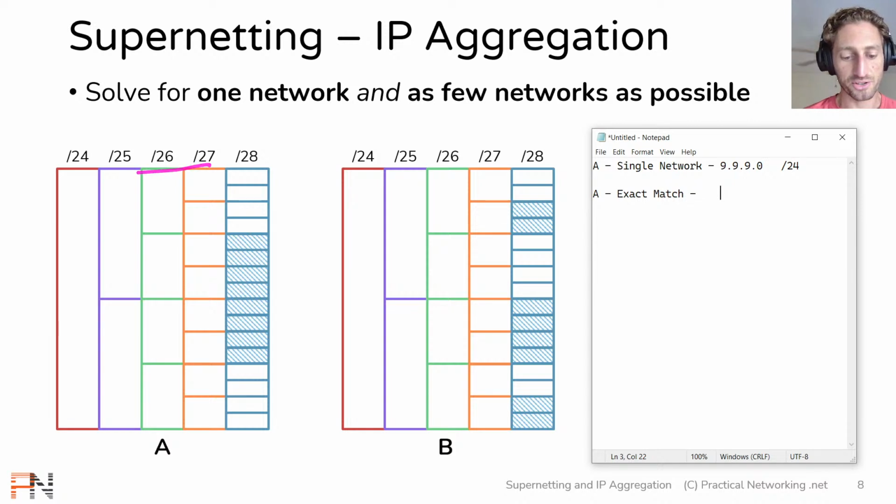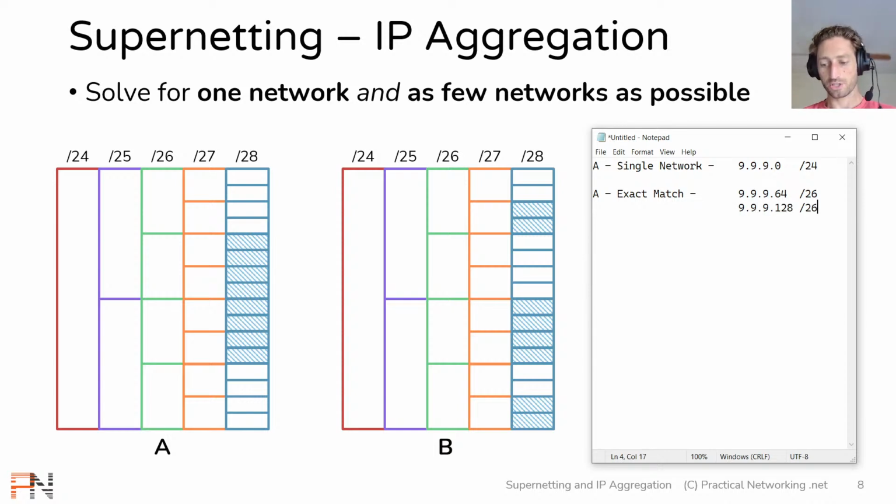So this one is .0, this one is .64, this one is .128, and those are going to be our answers: .0/26, .64/26, and .128/26. So those are the answers for problem A.